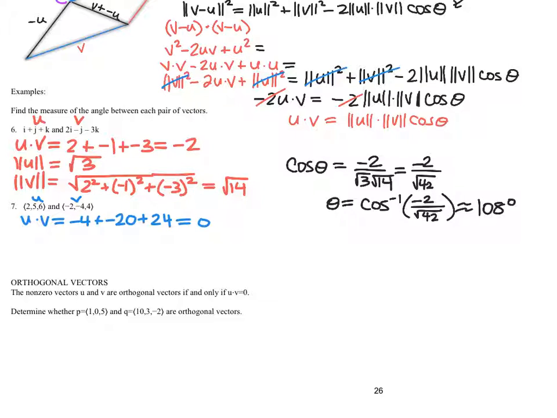All right, so the magnitudes of u and v are irrelevant as long as neither is the 0 vector.